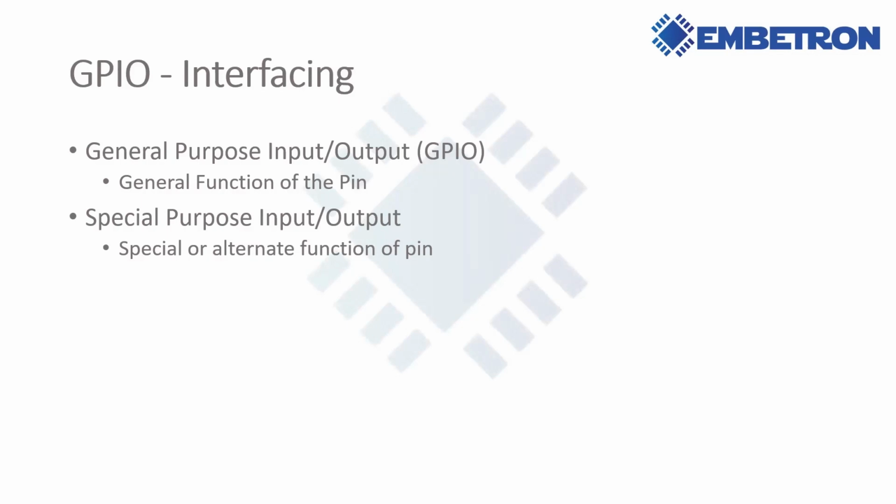And mostly it is used to read signals from input devices or to drive output devices, such as LEDs, which is an output device, while a switch or push button is an input device. So for that purpose, GPIO pins are used.